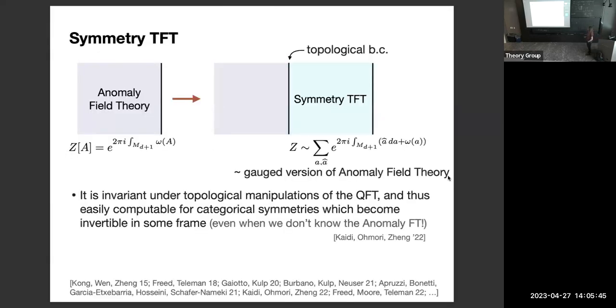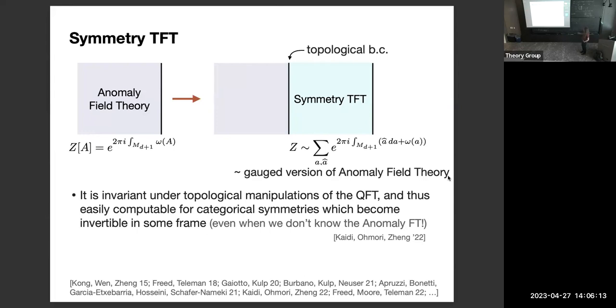Okay, so the Symmetry TFT is an object that I can get by blowing up this picture I have of my QFT on the boundary and my anomaly field theory, or SPT, connected to it in one higher dimension over an interval.